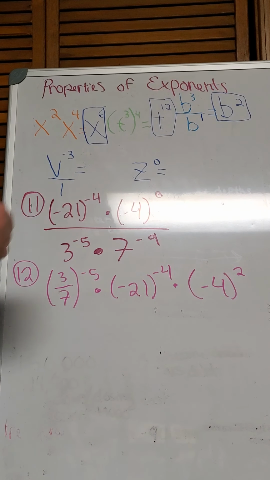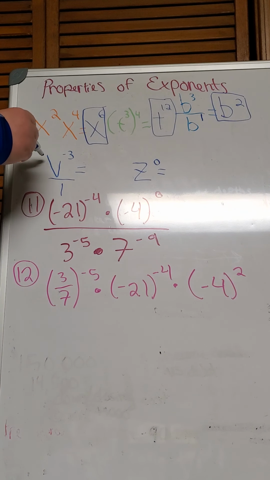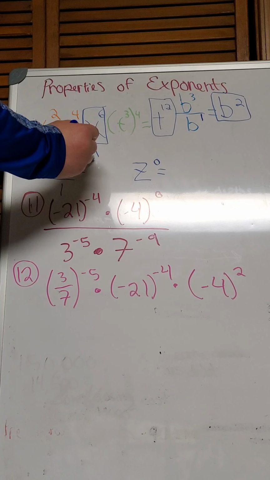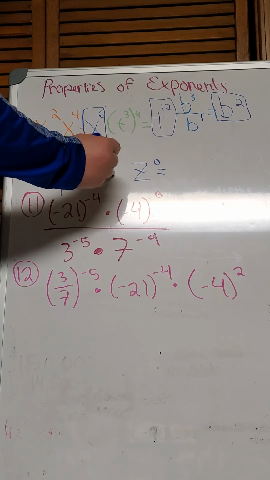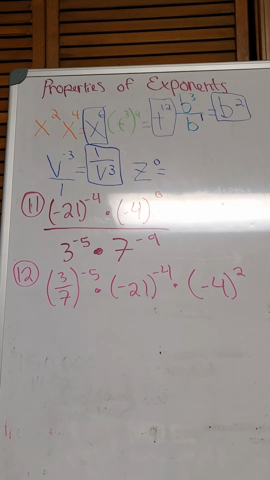So this is really in the numerator. Because I don't want it to have a negative exponent, I'm going to move this whole thing, the v to the negative third, to the denominator, but when I move its location, the exponent will become positive. So this one is 1 over v cubed.